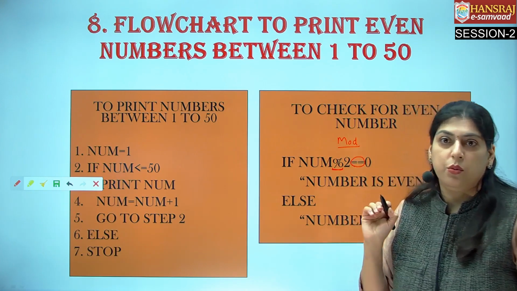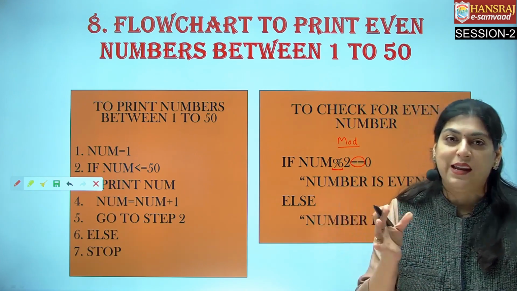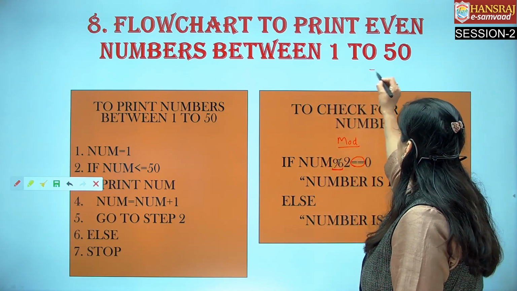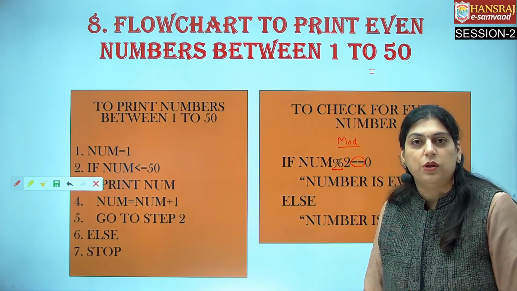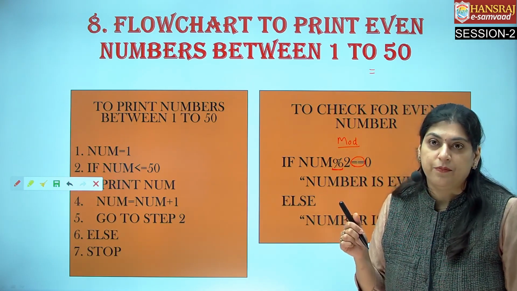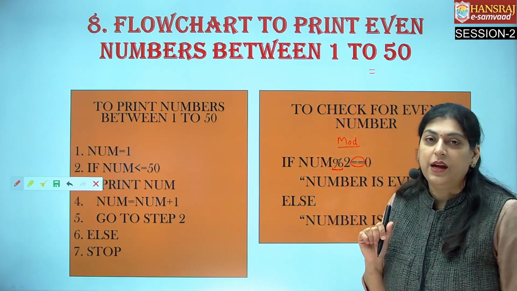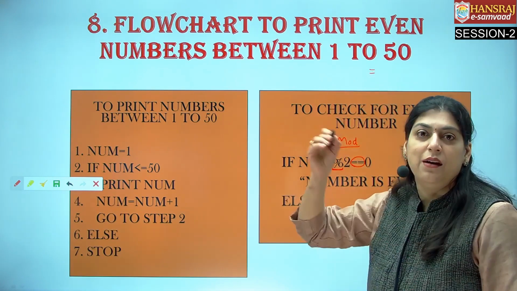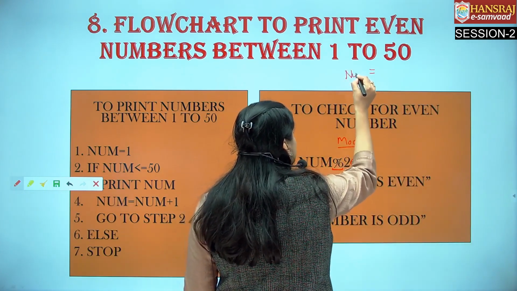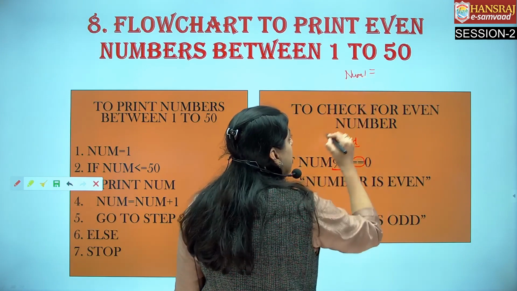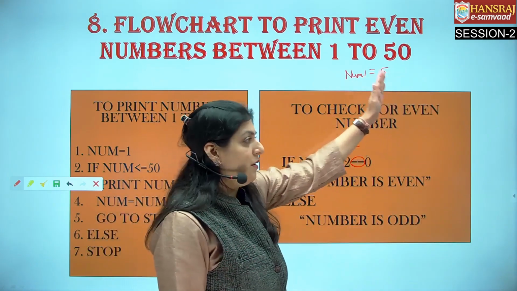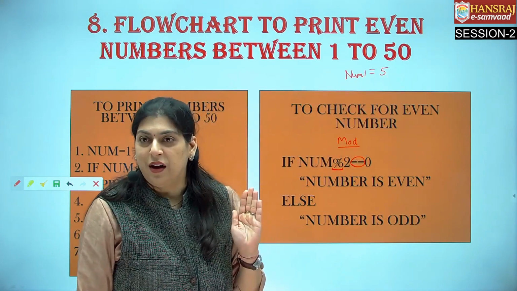double equal to. Earlier we were assigning some values, so I was using this operator equal to, right? What do you mean by this double equal to? These two are different. This one is when I am assigning a value. I told you in the previous session also, if I write num1 equal to 5, then 5 will be assigned to num1.